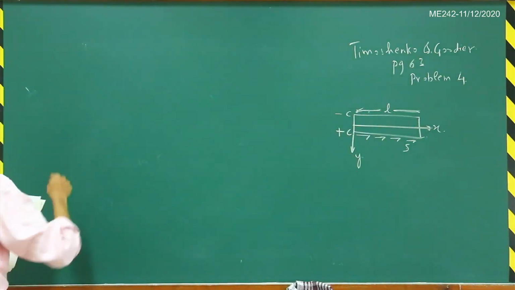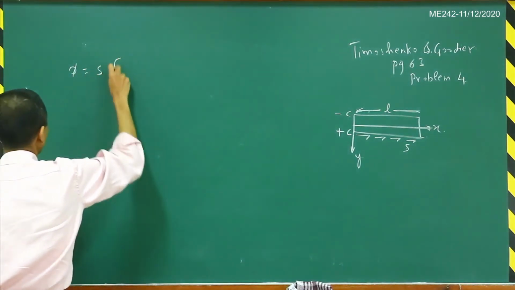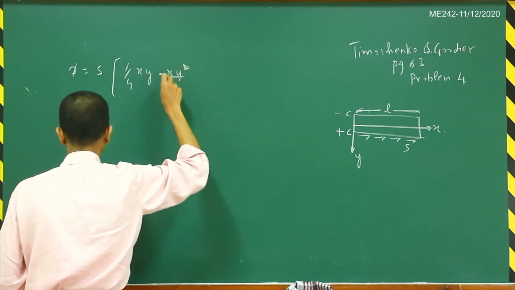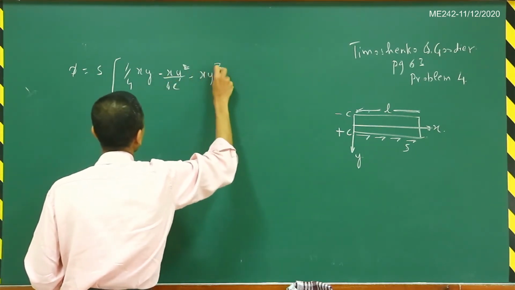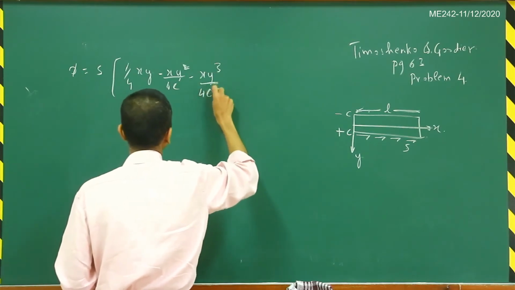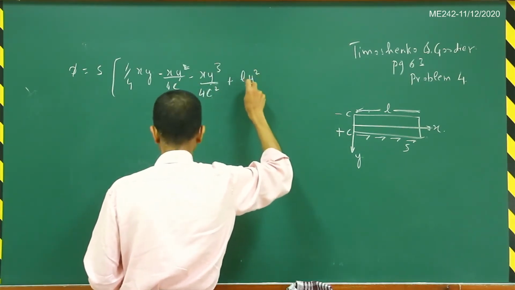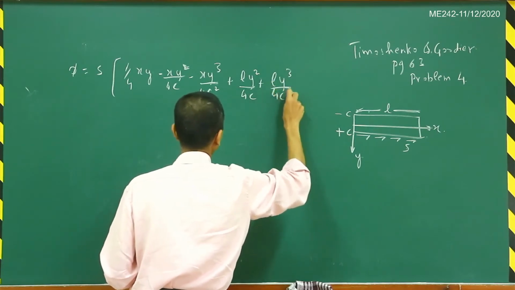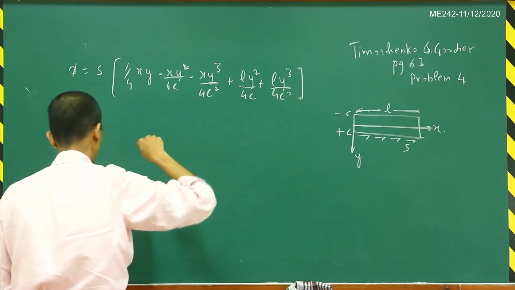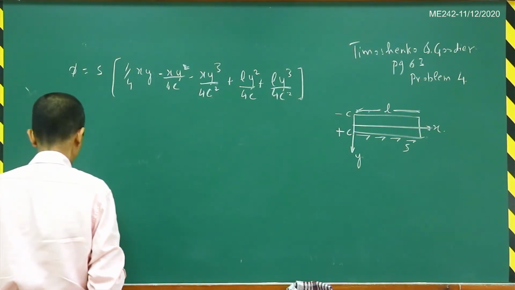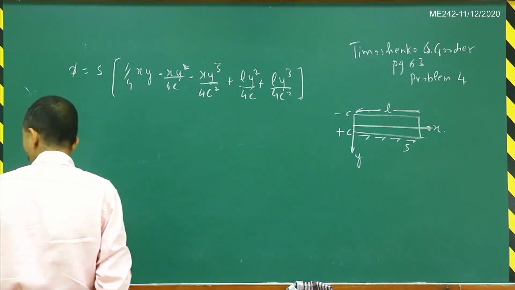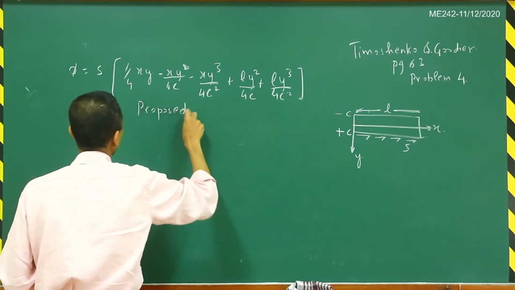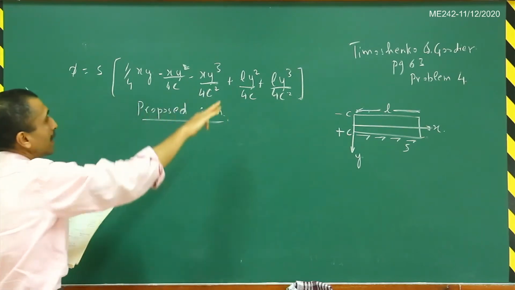In this case, we will write phi as equal to S times (1/4)xy minus xy squared divided by 4c minus xy cubed divided by 4c squared plus ly squared by 4c plus ly cubed divided by 4c squared. So this is the Airy stress function that is given to us.